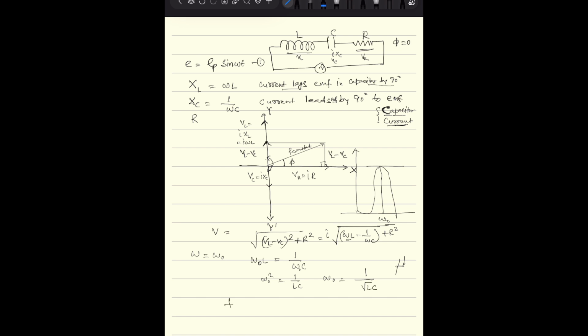What is the phase angle? In this triangle, tan phi is perpendicular by base, so it is VL minus VC by VR. VL is I XL, which means I into omega L, and VC is I by omega C, and this is R. So this is the phase angle.